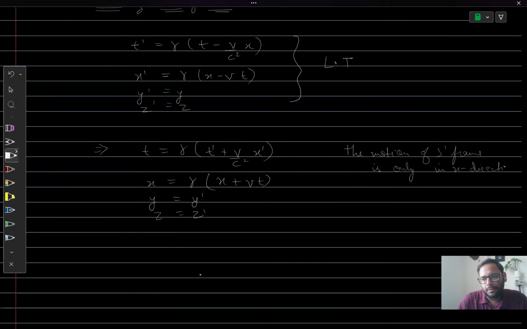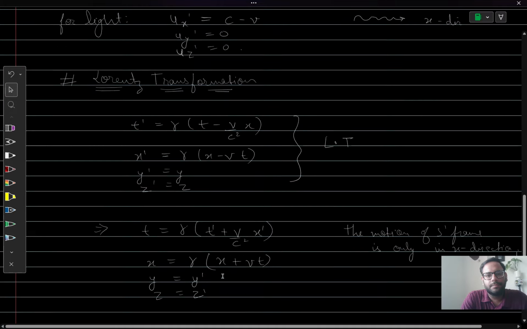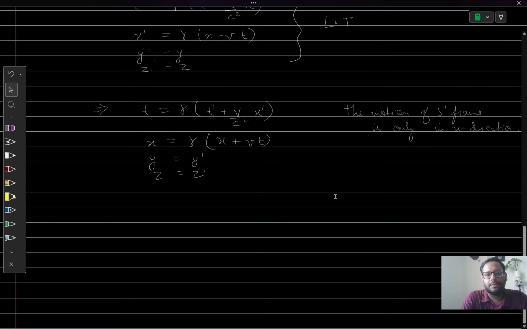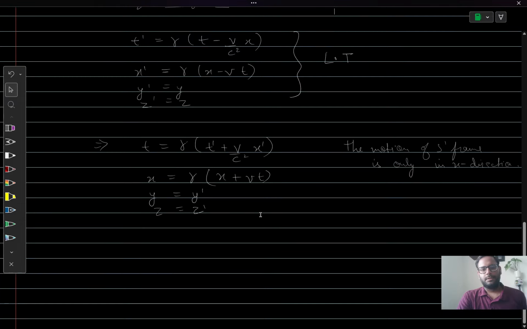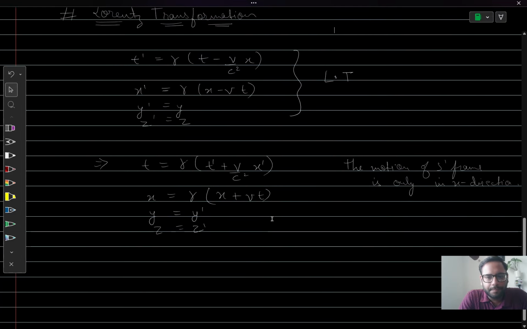Remember, otherwise these equations will change a bit, but not much, there is a symmetry, that's it. Okay, the equations are simple.